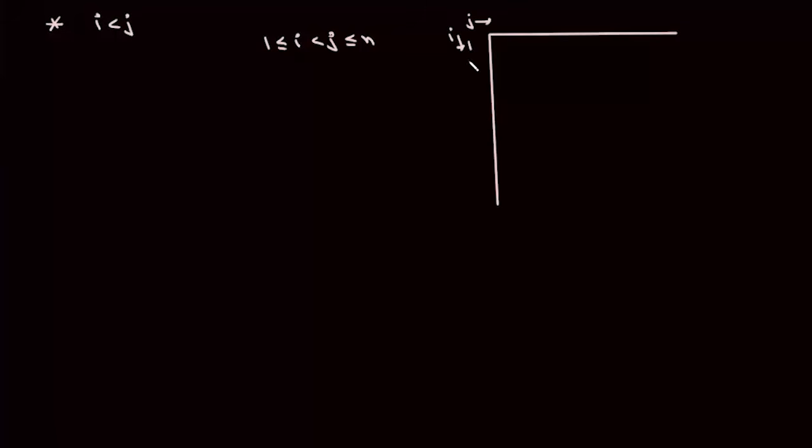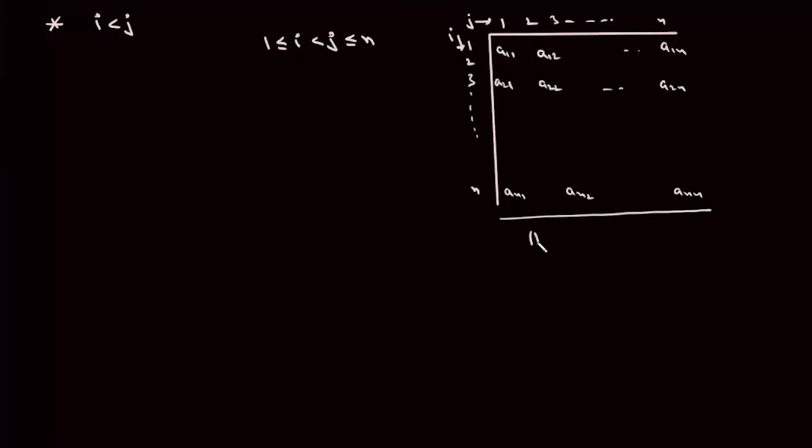So i can take the values 1, 2, 3 up to n, and similarly j can take the values 1, 2, 3 up to n, and this is a11, a12, a1n, a21, a22, a2n, and an1, an2, and ann. Now if we count all the points in this rectangular grid, we have a total of n square points.